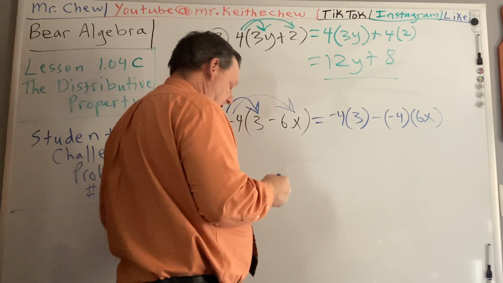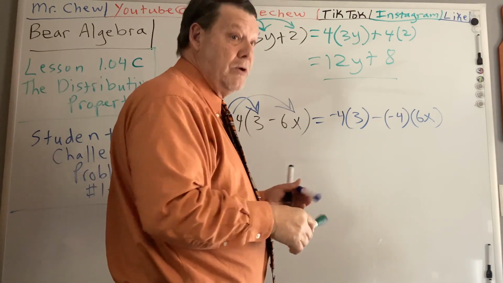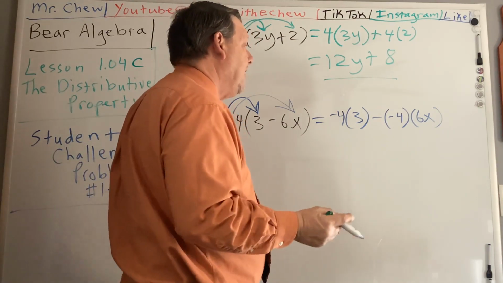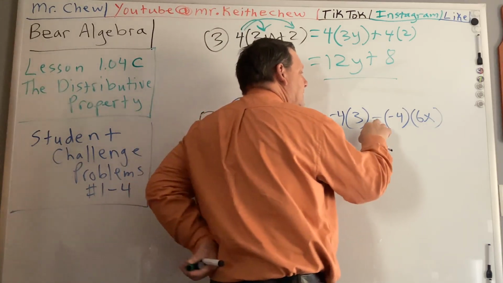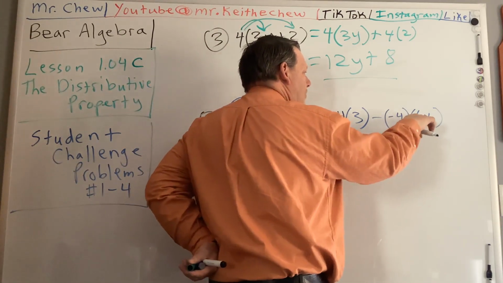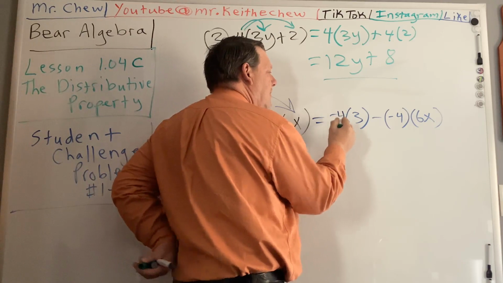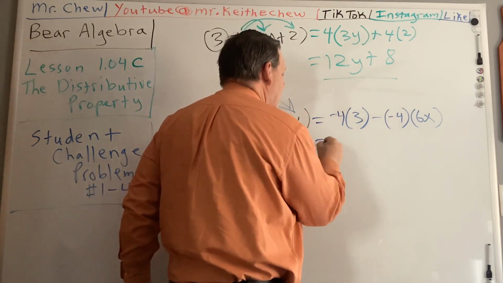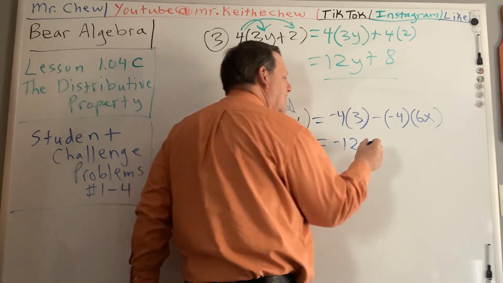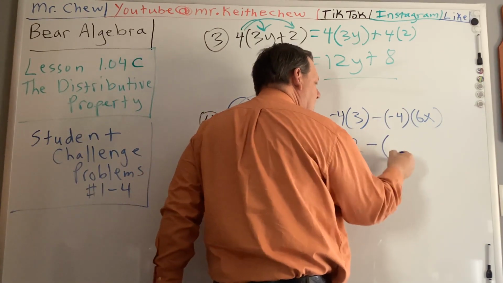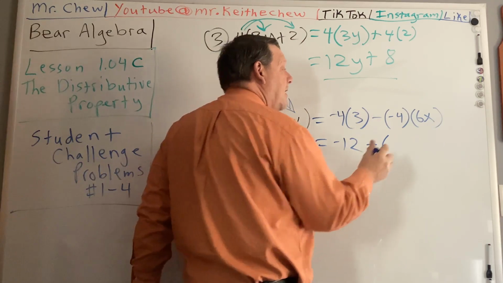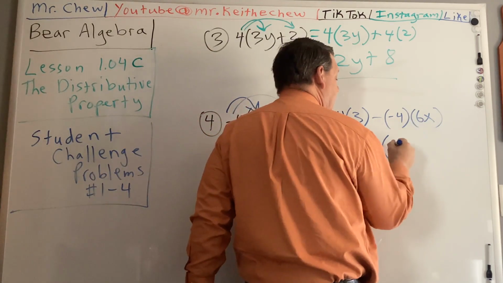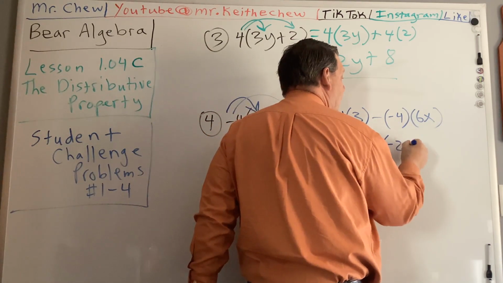All right, so the rule in pre-algebra, which would be an arithmetic rule, is minus, we'll change that in a minute, so negative 3 times the 4 is negative 12. And then we've got a minus here. I'm going to put it in parentheses because it's going to be a negative number. Negative 4 times 6 is negative 24.